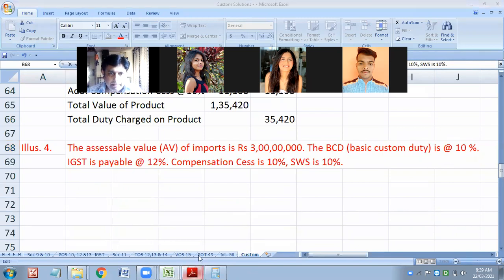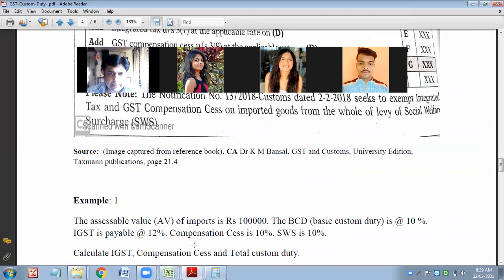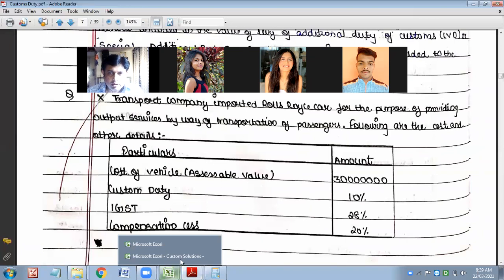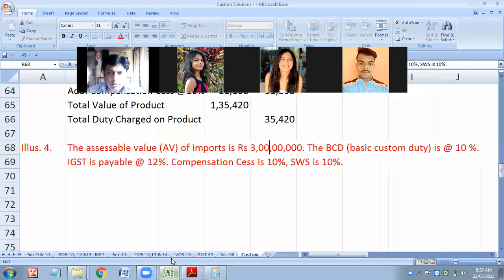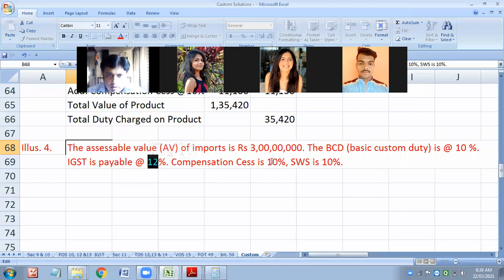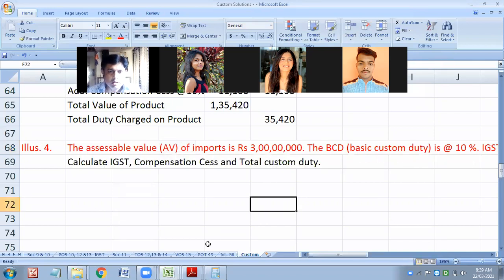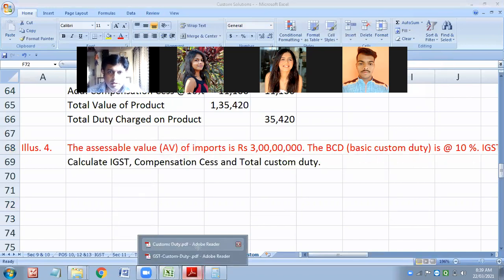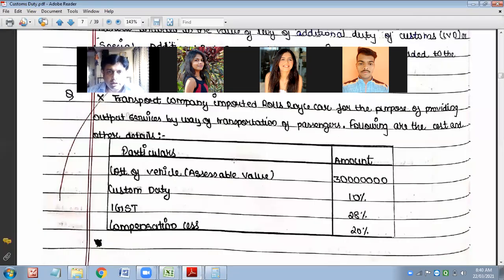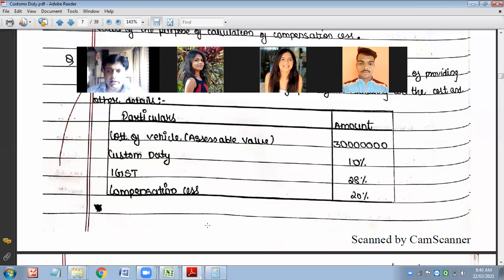IGST 28%, compensation cess. Take this question as homework because we have less than a minute.